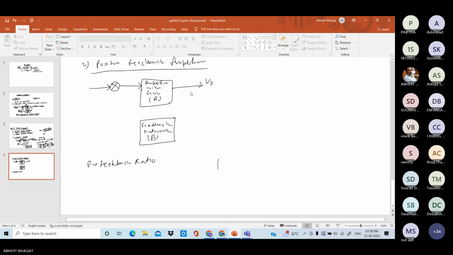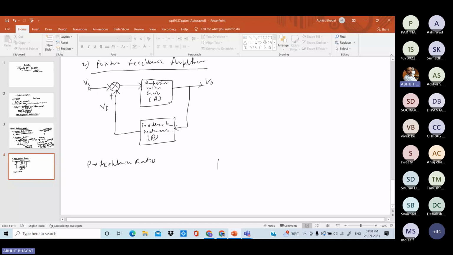So from V0, signal is passing through the feedback network, and the output of the feedback network is going to the summer circuit, going to the input side. This is your VF. And for positive feedback, this VF is positive.